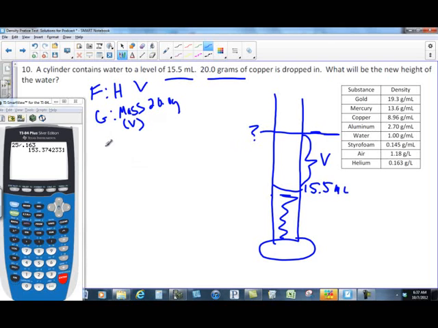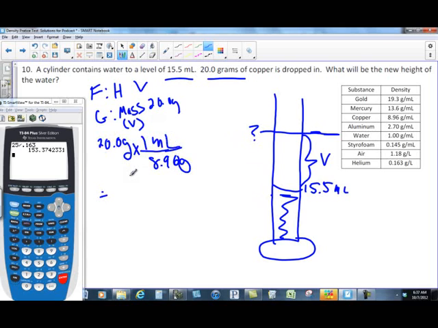Okay, so let's see, I've got 20.0 grams, and I have my density here. What I know is 8.96 grams of copper is 1 milliliter.